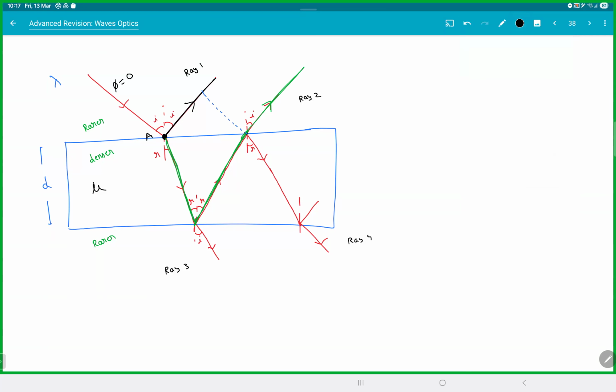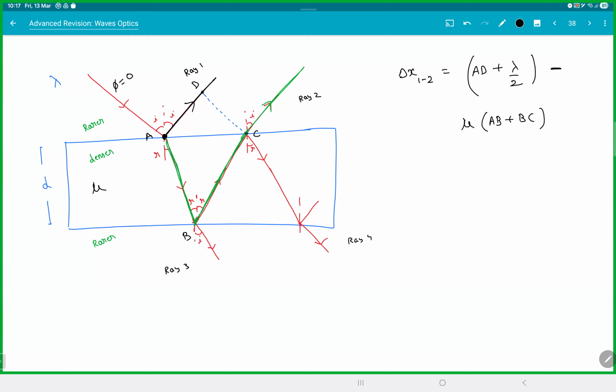Let's call these A, B, C, and D. So the path difference between ray 1 and ray 2 will be: you're traveling A to D plus lambda by 2, that is because of reflection, minus mu into AB plus BC, because you're traveling in the slab. Is that clear, everyone?